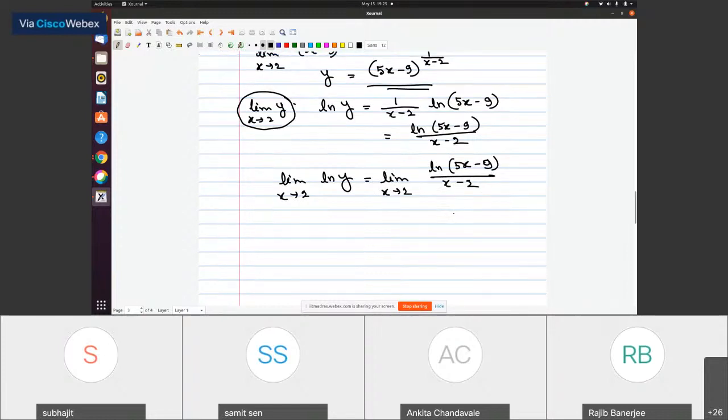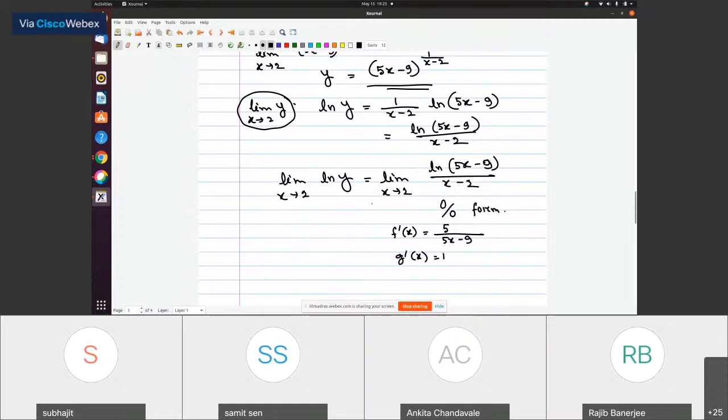Now it is in 0 by 0 form, right? Yes, because this will give me 1, and so log 1 will tend to 0, and this will give me 0. So it is in 0 by 0 form. Now what is my f dash x? f dash x will be 5 by (5x minus 9), and g dash x is 1.